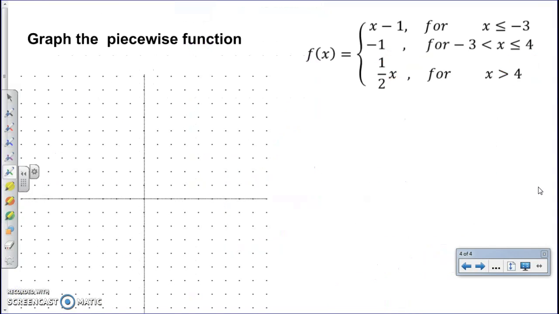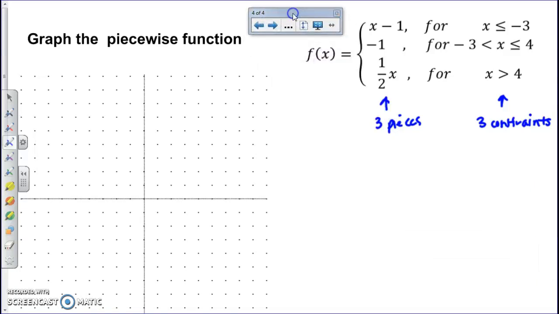To wrap up piecewise functions, let's graph one more. So here you see we have 3 pieces to this function and 3 constraints. So what we can do here is create a chart for all 3 of these pieces.